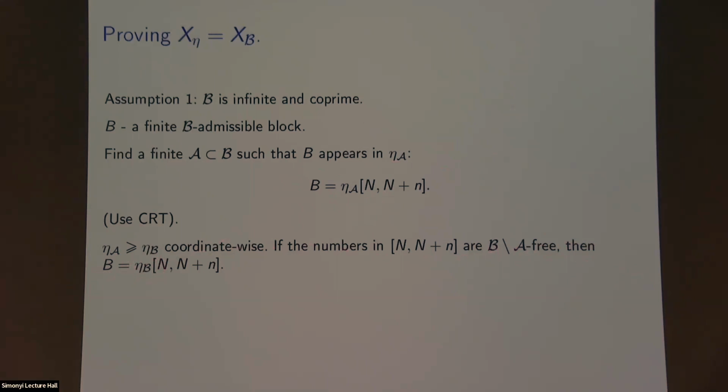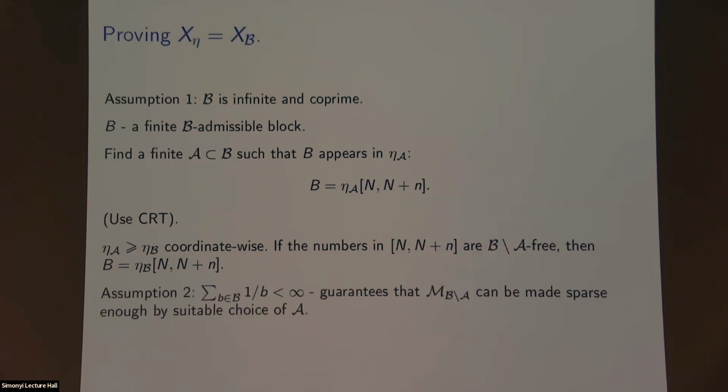So we need something which assures that you can find this interval in a way that the elements of the interval are B minus A free. The assumption which helps is that the sum of the inverses of elements of B is finite.